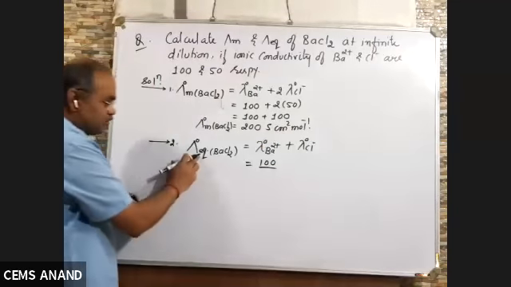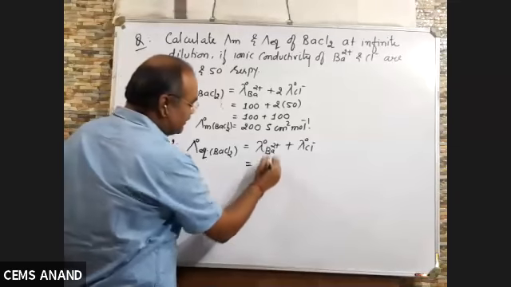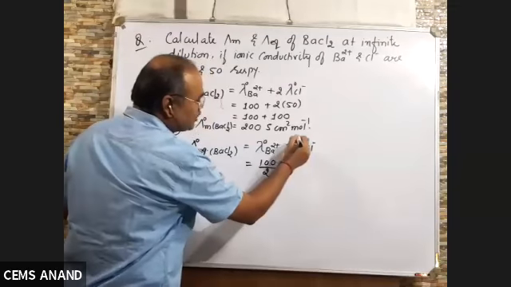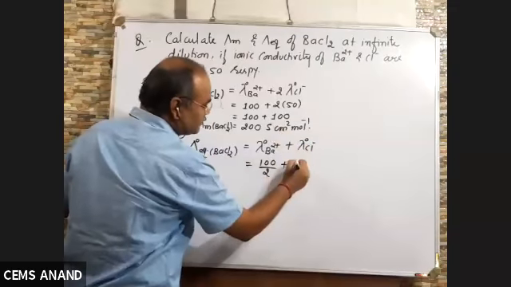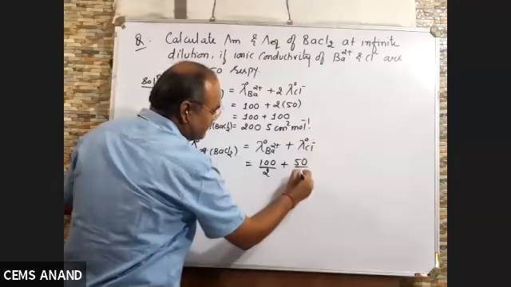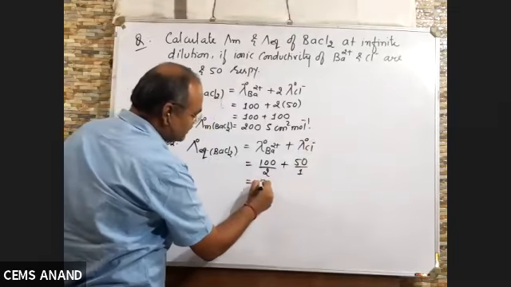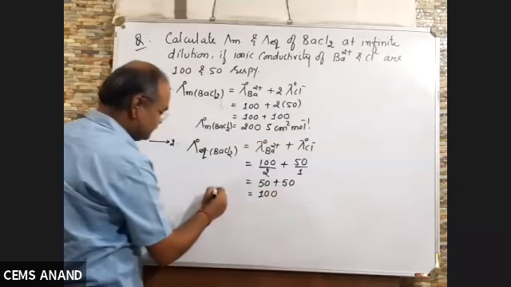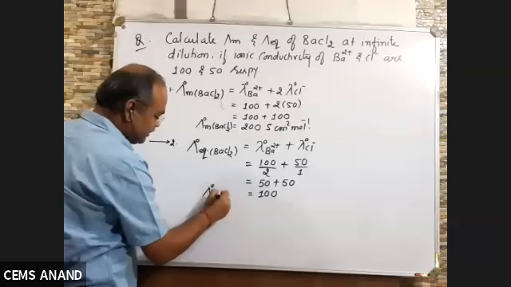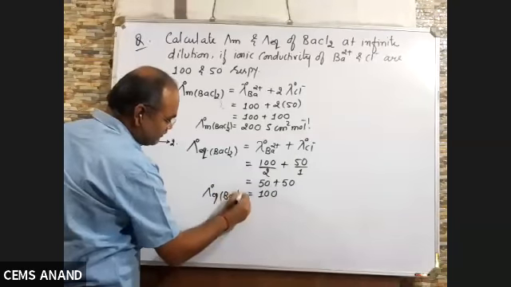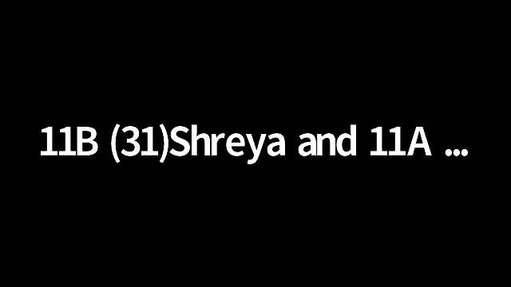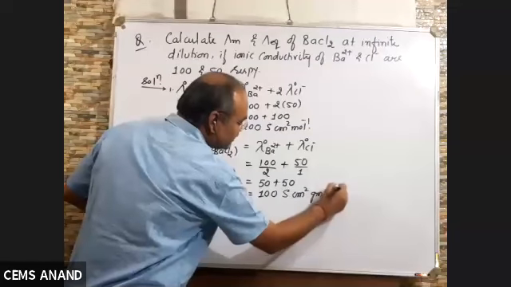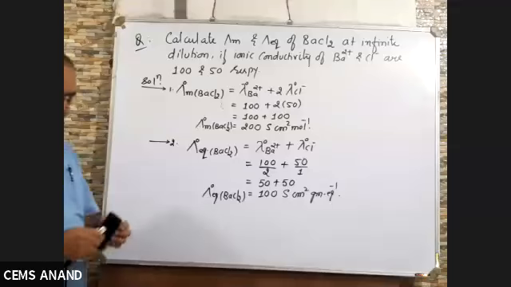But we know whenever you want to find out equivalent conductivity, we have to divide by its n factor. N factor is 2. Plus here, it is not molar conductivity, so you don't have to multiply by 2. It is 50 divided by n factor is 1. So your answer will be 50 plus 50. This is equal to 100. So lambda 0 eq for BaCl2 will be 100 Siemens centimeter square. And yesterday I told you the gram per equivalent, this is the unit.